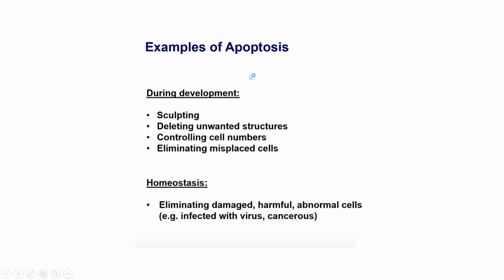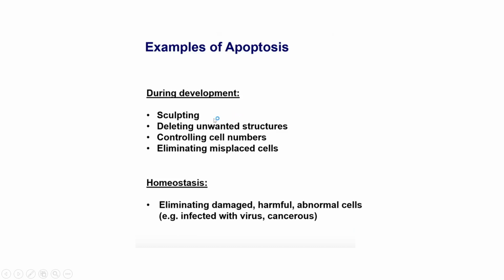So as I told, apoptosis is an important process during development, and it is helpful in the sculpting process. One common example of apoptosis is the removal of tadpole tails during development.